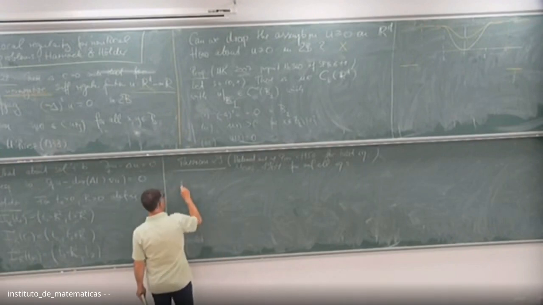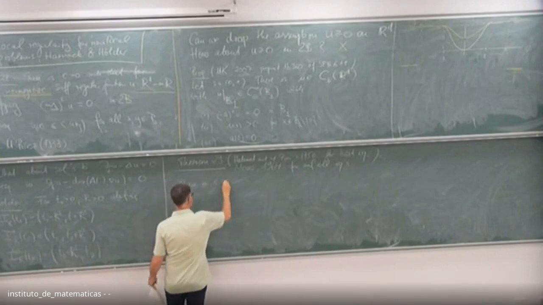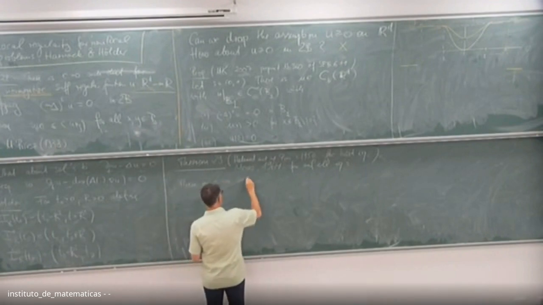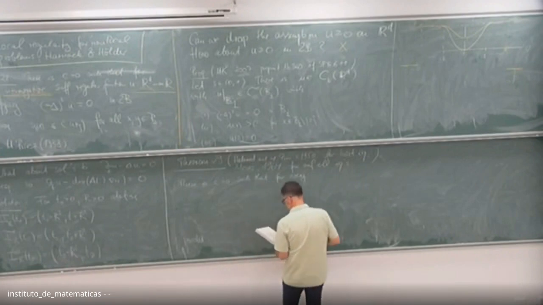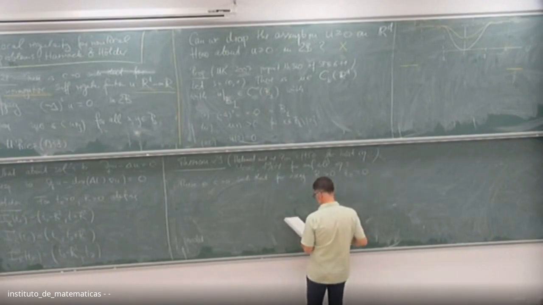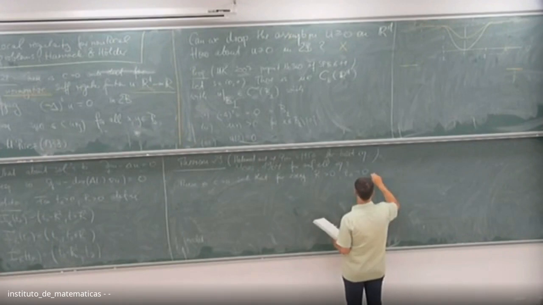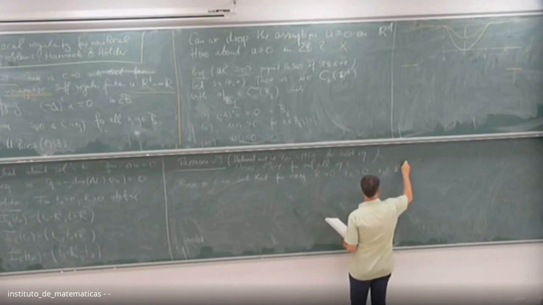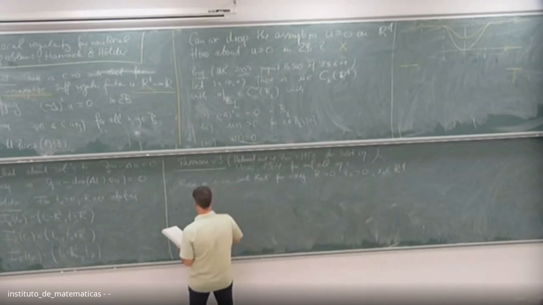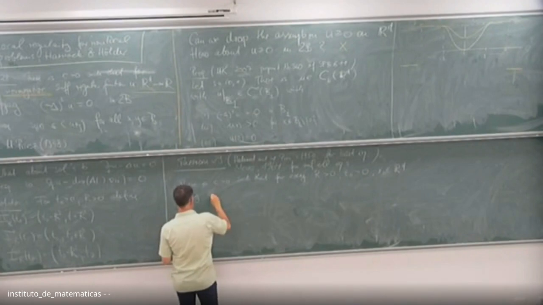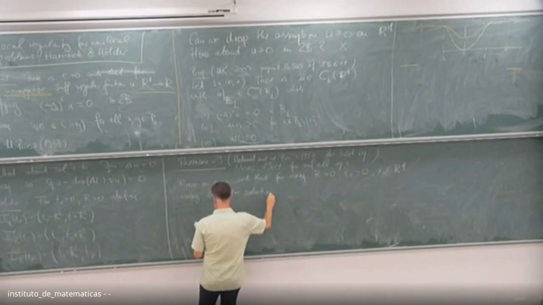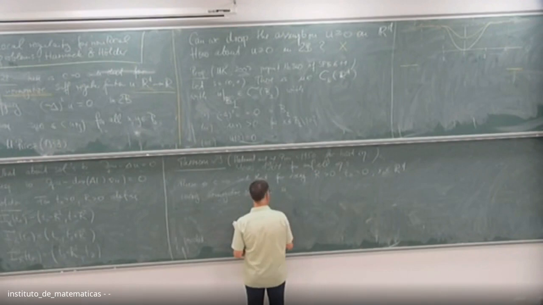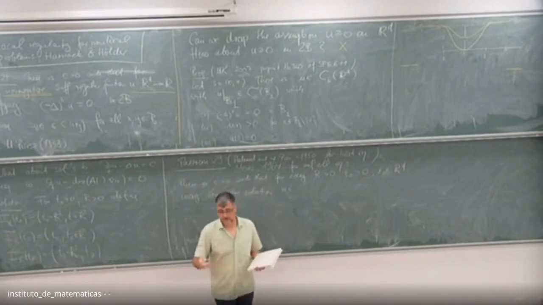In the same framework, there is C positive such that for every R positive, T naught positive, and X naught, every non-negative solution U, yes, of course, weak solutions, where do they come from?